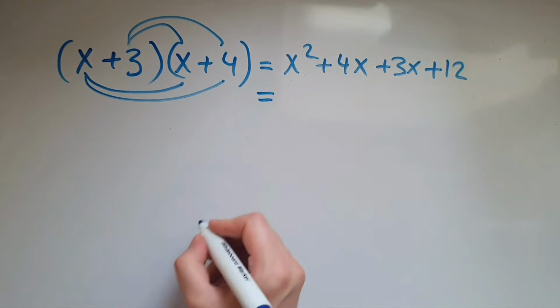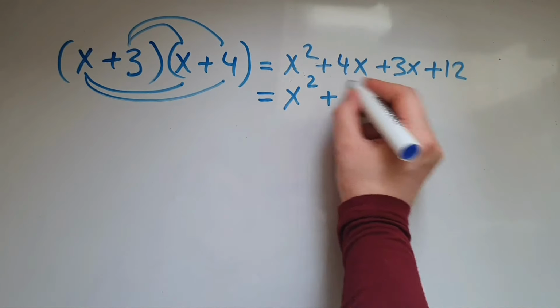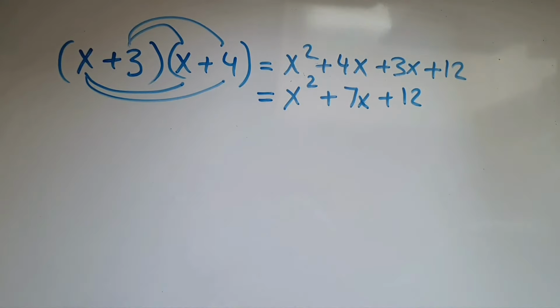And then we collected the like terms and we had x squared plus 7x plus 12.